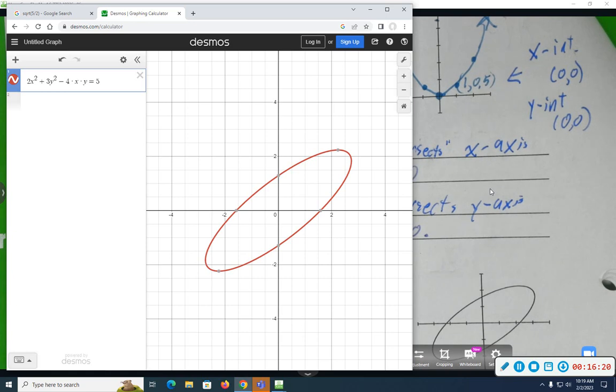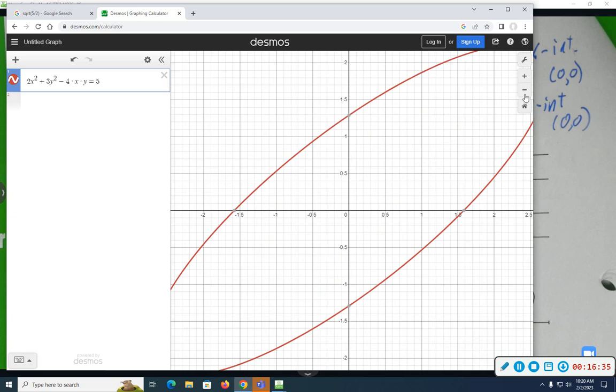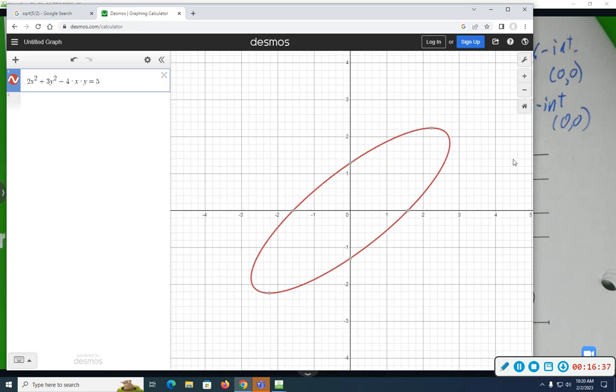Here's the graph of the equation 2x squared plus 3y squared minus 4x plus y equals 5. Let's make it big. Yeah, that's big enough. There we go. By looking at that graph, what's the approximate point, about where are its x-intercepts?